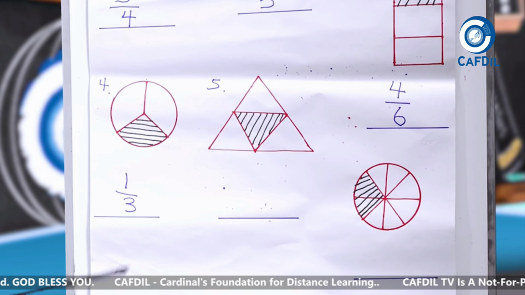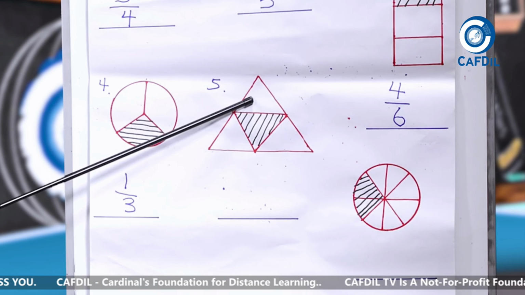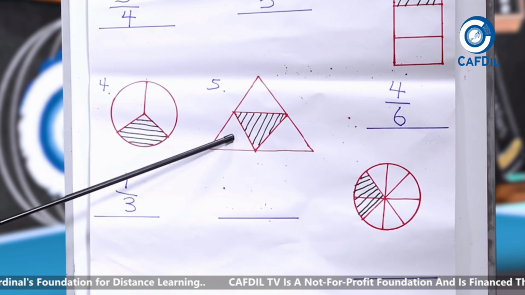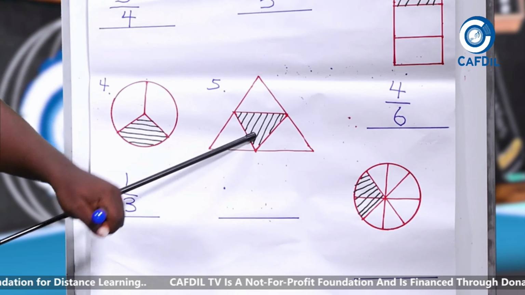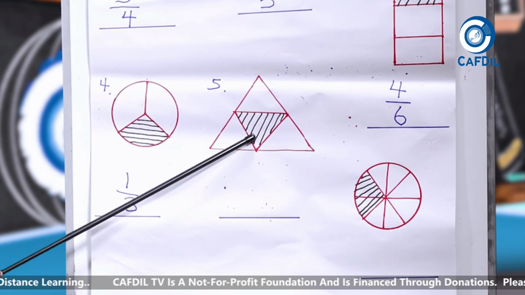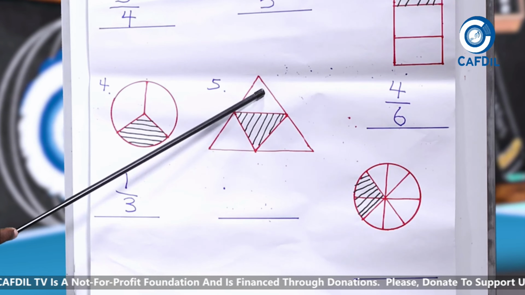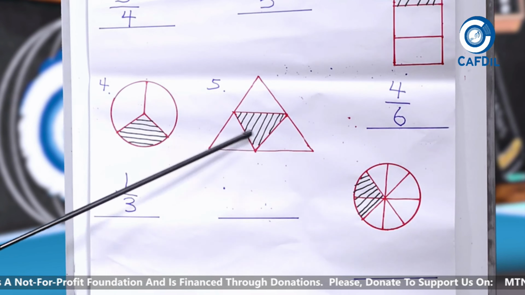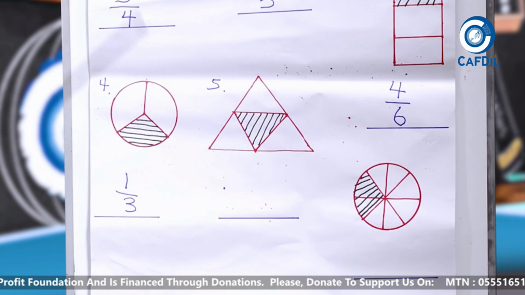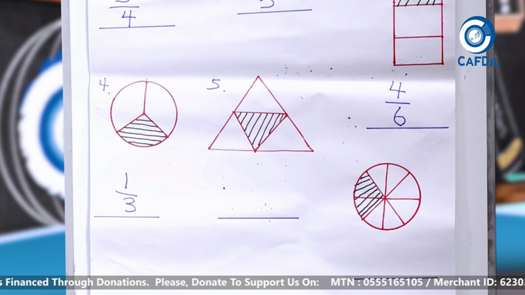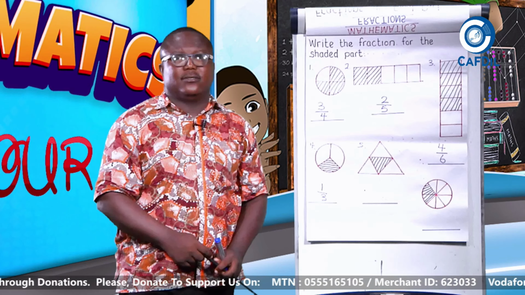Let's count. 1, 2, 3, and when we add the shaded one to it, it becomes what? 4. So let's count again. 1, 2, 3, and then 4. So it means that this triangle has been divided into 4 equal parts.